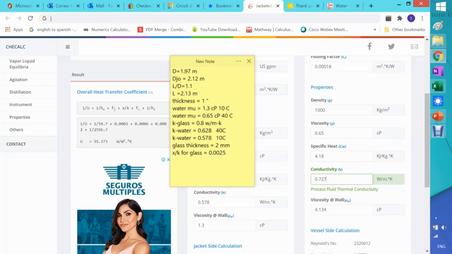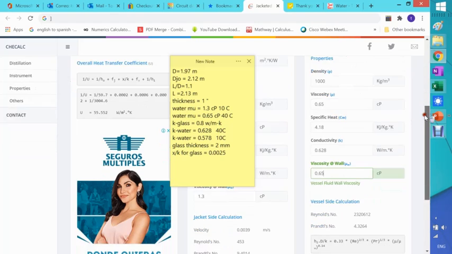Thermal conductivity is about 0.628. Oops, 2 point here. There we go. The wall viscosity, I will leave it the way it is, about 0.65. And I guess I got pretty much what I need.